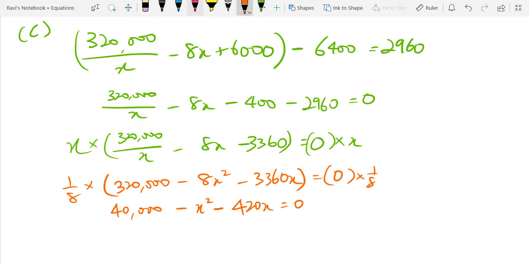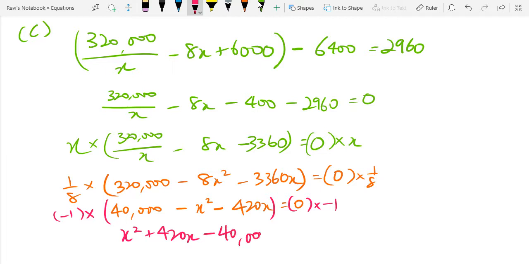So what we can do now is multiply my left hand side and right hand side by -1. What I will get is a sign change for all the elements here. So I'll get x squared plus 420x minus 40,000 equals 0.